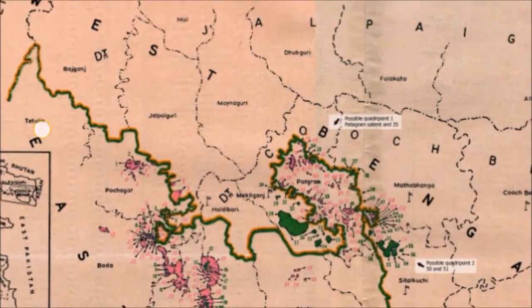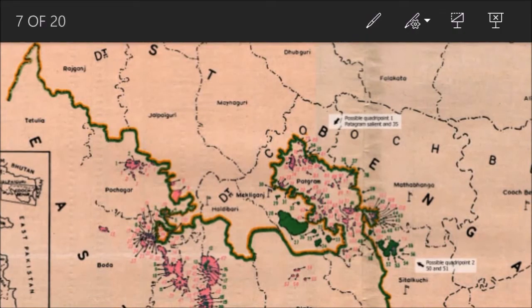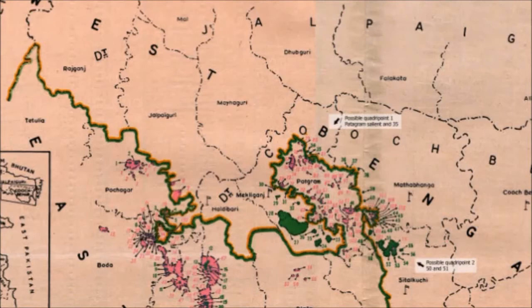This is the Thana of Tetulia and this is the Thana of Rajganj. A border has to be drawn between these two areas, and then the Thana of Pachagar and Jalpaiguri. This is Pachagar.